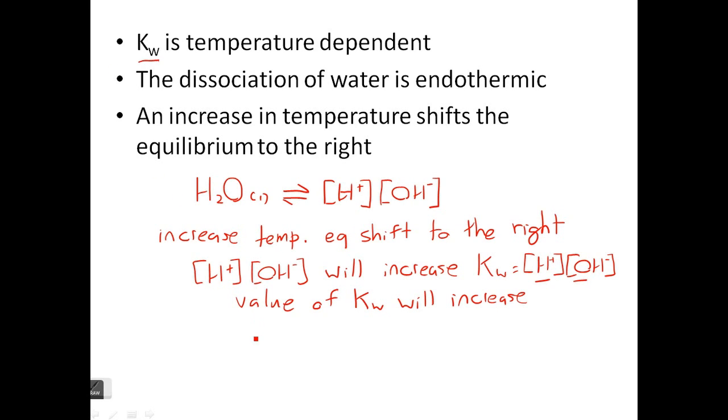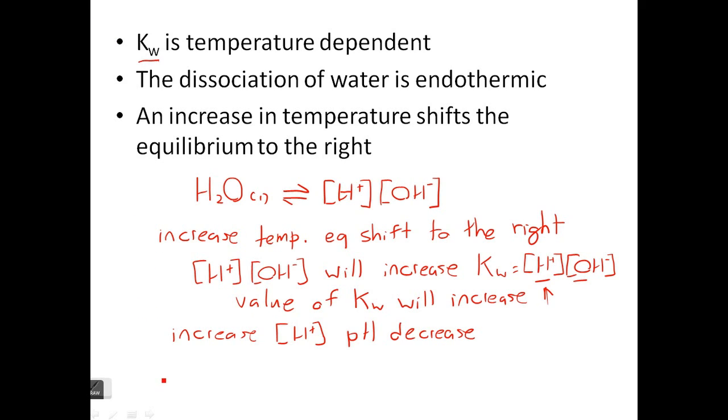And one more thing, if we're increasing the concentration of the H plus, what's going to happen to the pH? You may also remember that if you increase the concentration of H plus, the pH will decrease.